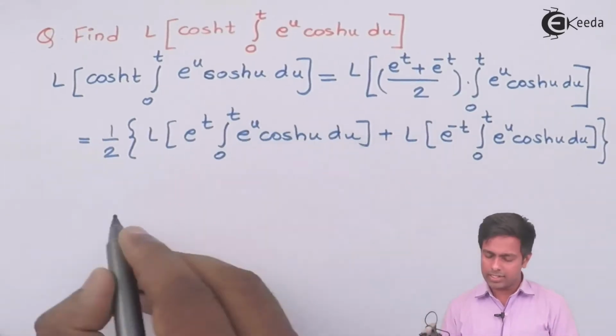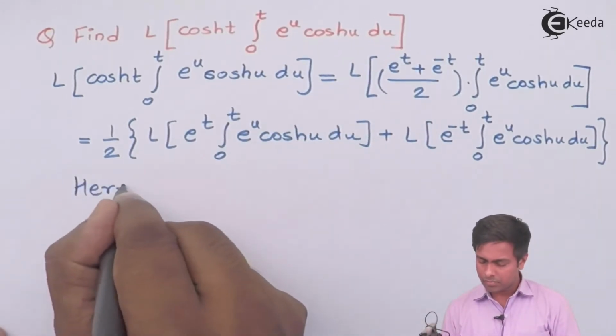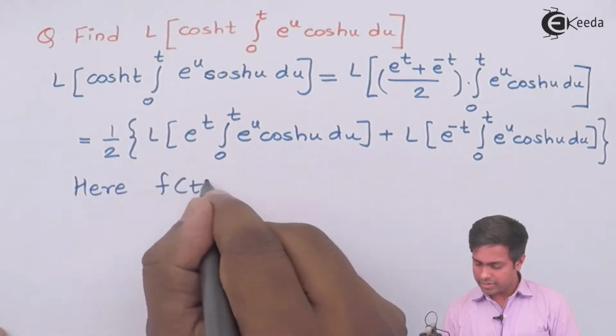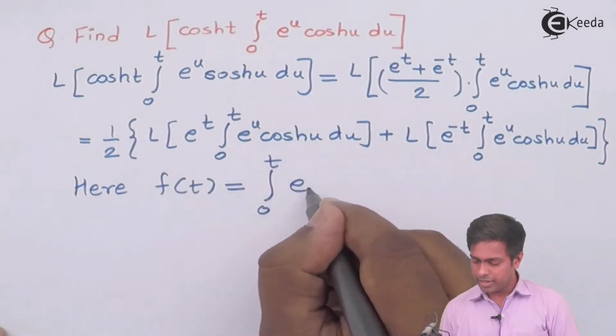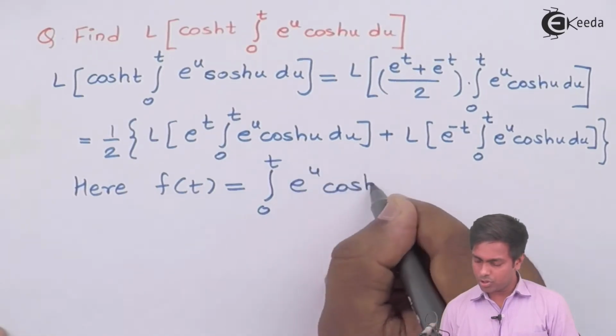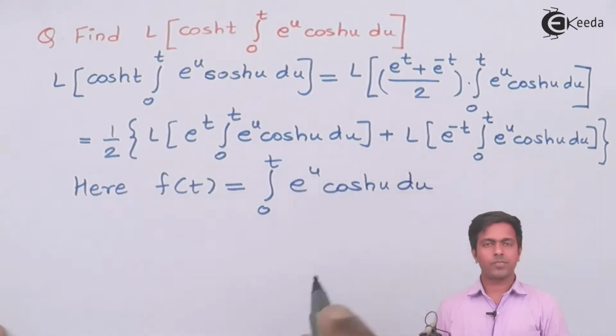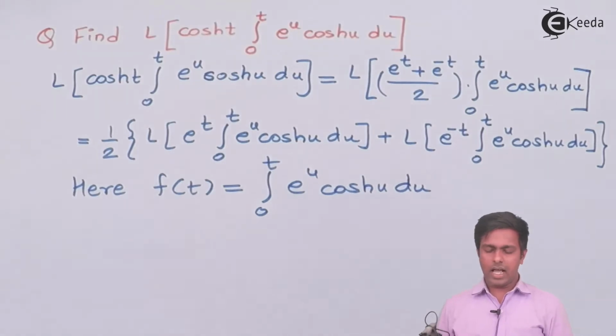So here I'll say, here f of t is equal to integral 0 to t e raised to u hyperbolic cos u du. And the Laplace of this is phi of s, which we are going to use to evaluate this.